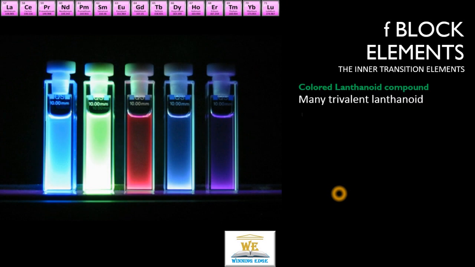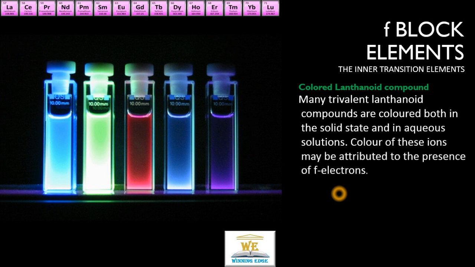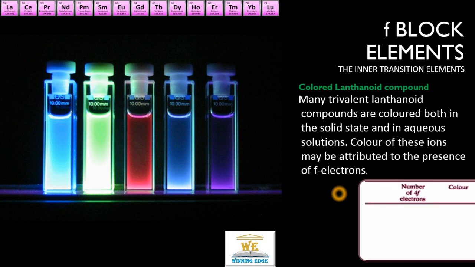Color in the lanthanoids. Many trivalent lanthanoid compounds are colored both in the solid as well as in the aqueous solutions. Color of these ions may be attributed to the presence of f electrons. Let's see.